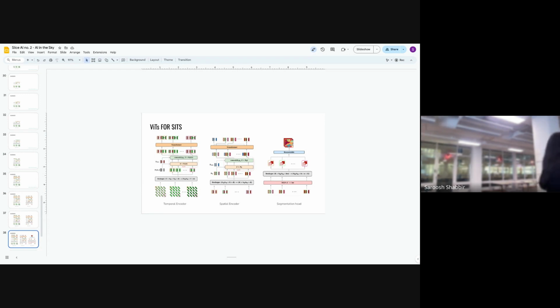I think there's higher variability in data for crops than there would be in trees, for example. Also, crops have a shorter growth cycle, so within one season you would have the full growth cycle, and the growth cycle is particularly important for crop classification. Forests tend to be fairly static and not changing that much, so in that sense that would be a bit more difficult, is my guess.